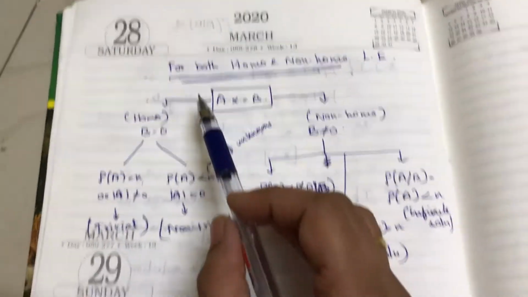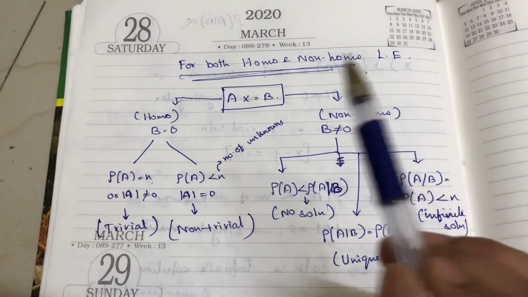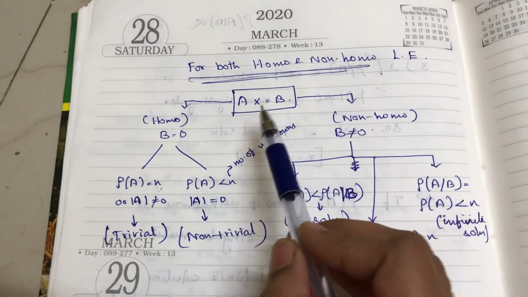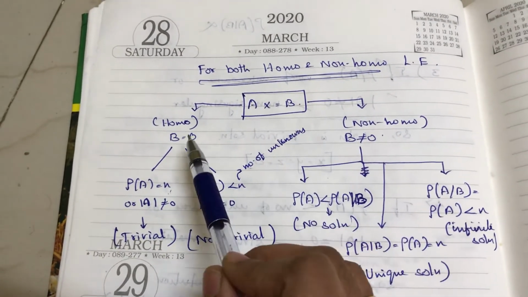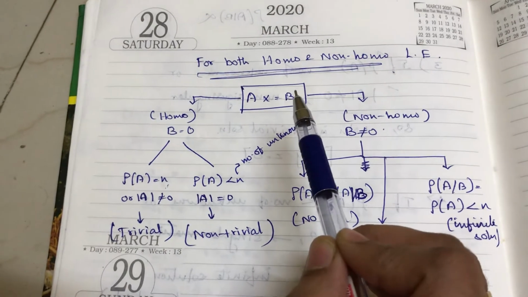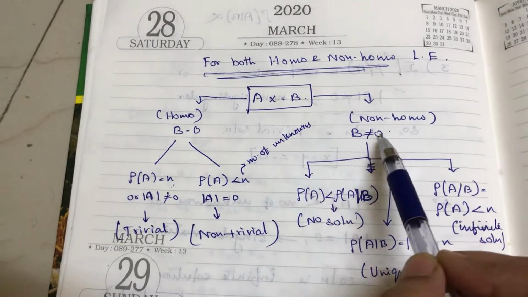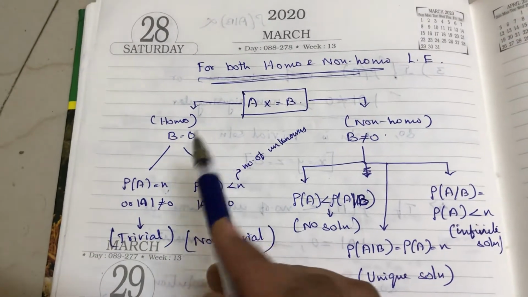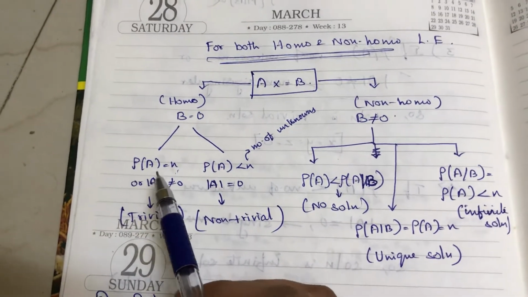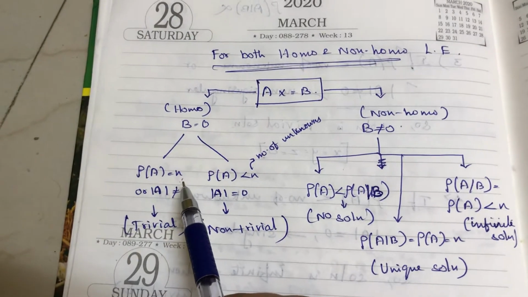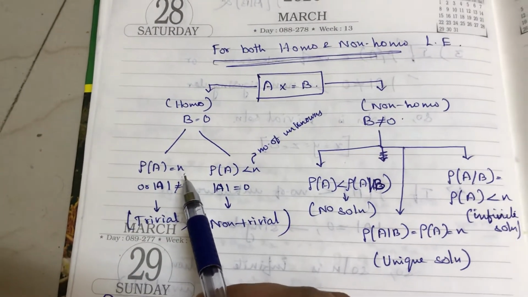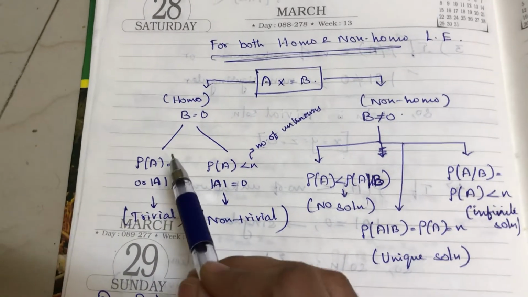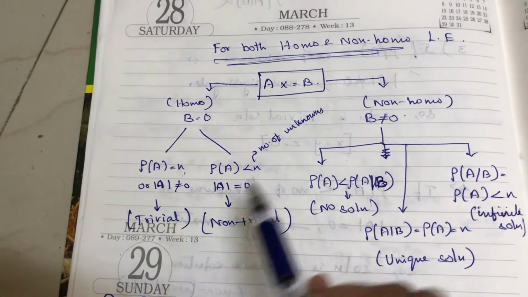You can see here we categorize both homogeneous and non-homogeneous equations. Generally the equation will be Ax equal to B. If B is 0, it is homogeneous. If B is a constant value other than 0, it is a non-homogeneous equation. For homogeneous, we just saw that rank of A equal to the number of unknowns n, or determinant not equal to 0, means trivial solution.